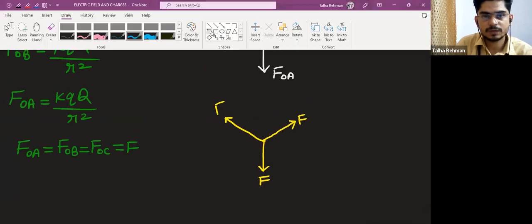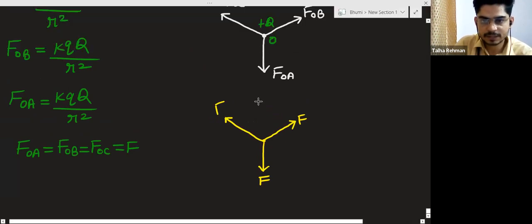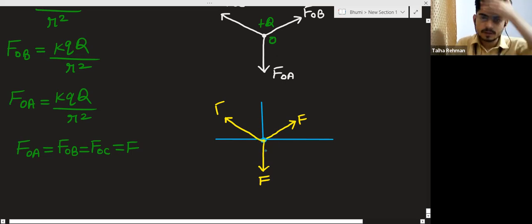I am taking x-axis, this is y-axis like this. So we have to take the component of these forces on these axes. This is point O. So for that, we should know the angle between the force and this axis.